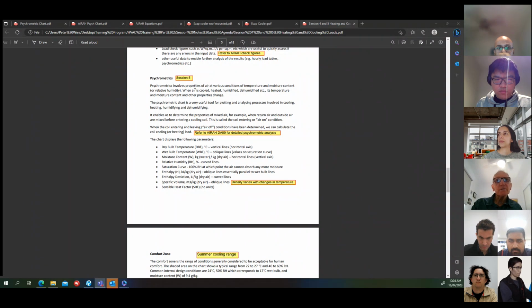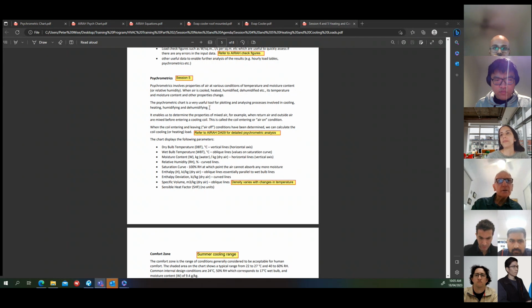It involves properties of air at various conditions of temperature and moisture content or relative humidity. When air is cooled, heated, humidified, dehumidified, etc., its temperature and moisture content and other properties change. As I said, it's a very useful tool and enables us to plot processes involved in everything that we do.